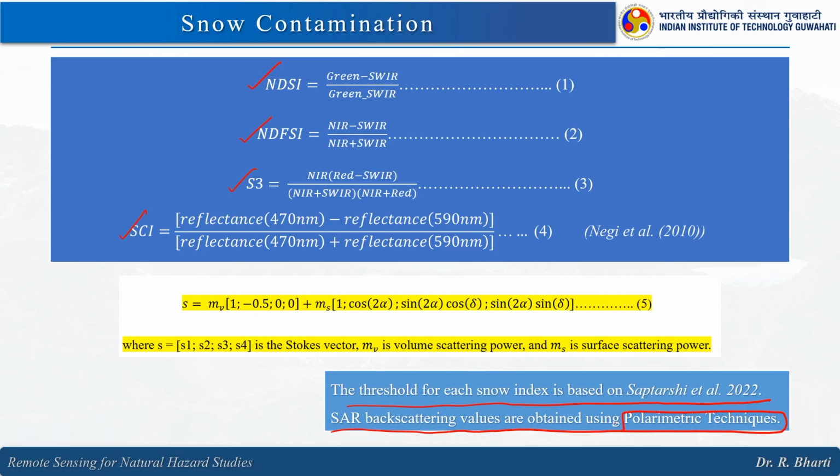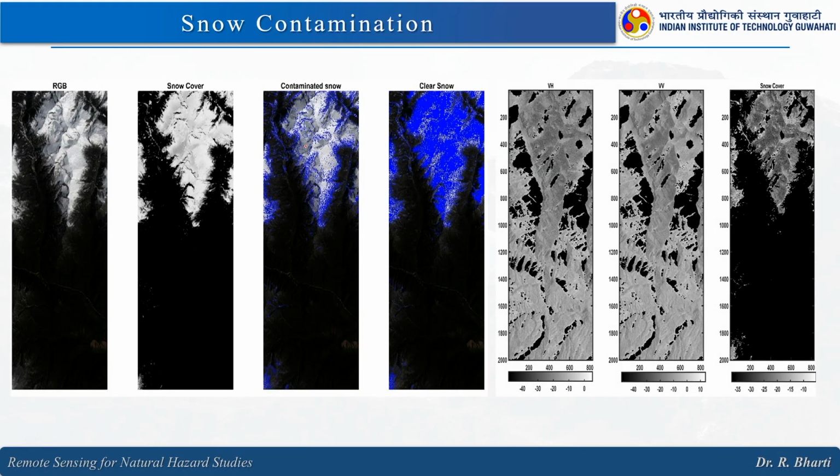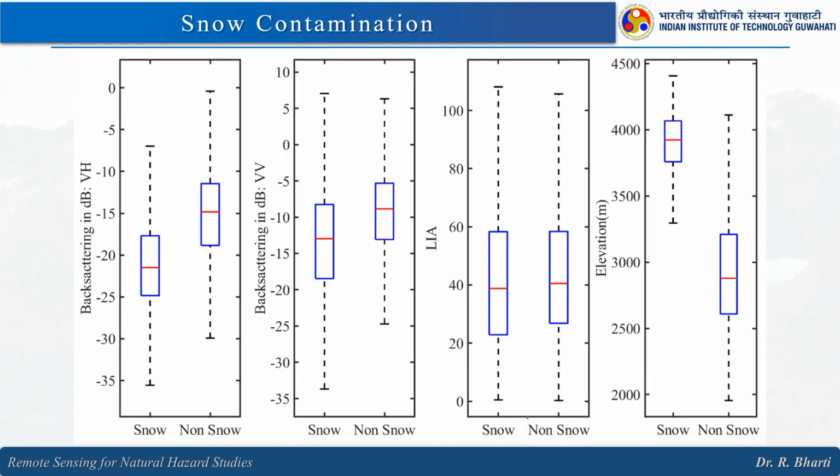SAR backscattering values are obtained using a polarimetric technique. So, here the polarimetric SAR has been used. As I mentioned in the previous slide, Sentinel-1 is the polarimetric data, right. So, that has been used, and based on that the contaminated and clear snow was mapped. You can see the VH and VV that has been used to identify snow contamination, and the snow and non-snow area that has been seen.